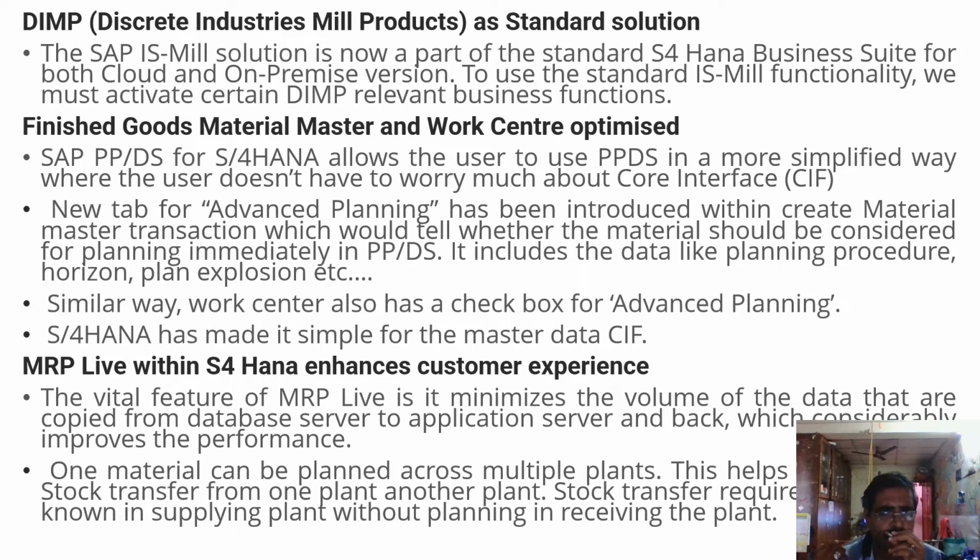A new tab for advanced planning has been introduced within the create material master transactions, which tells whether the material should be considered for planning immediately in PPDS. So it includes data like planning procedures, horizon, plan, explosion, etc. Right? In a similar way, the work center will also have a checkbox for advanced planning, and SAP S/4HANA has made it simple for master data and the core interface, right?